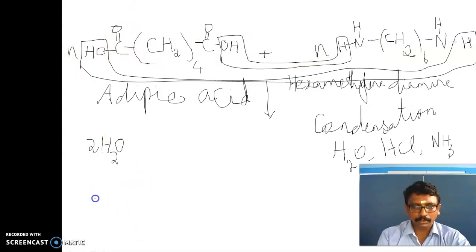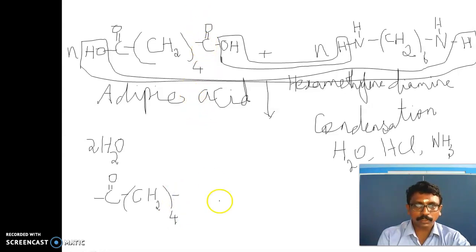Remaining, here what is there? C, and we have to put the bond, C double bond O, CH2 4.